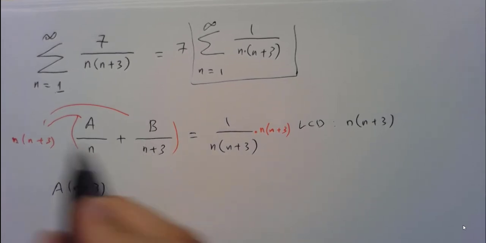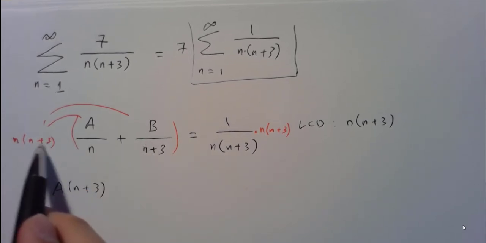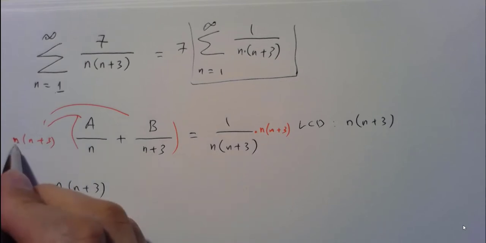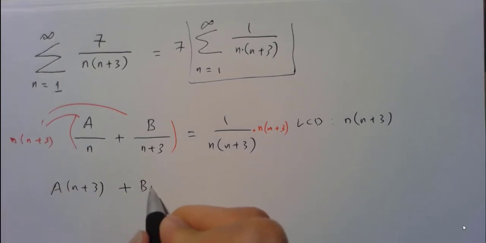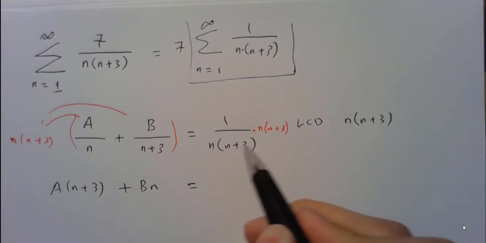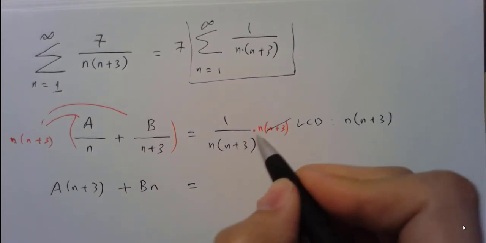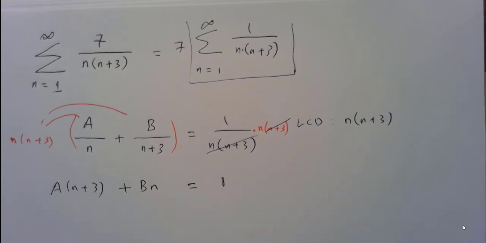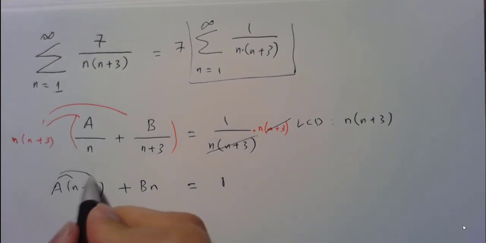The second term, when I multiply the LCD, n plus 3 and n plus 3, they cancel out, so I only have n, so bn. And then the right hand side, this is the LCD, so we cancel all of that, so I get 1. Now make sure we simplify that.